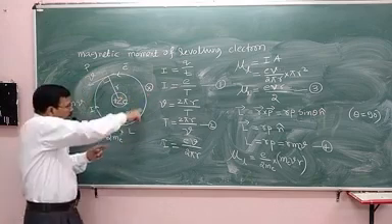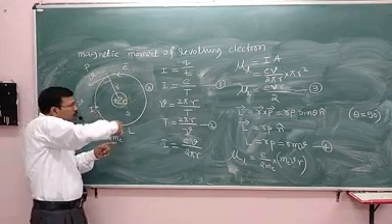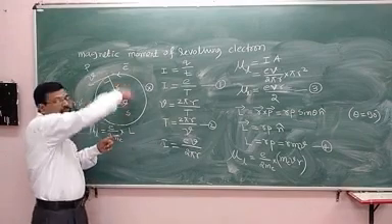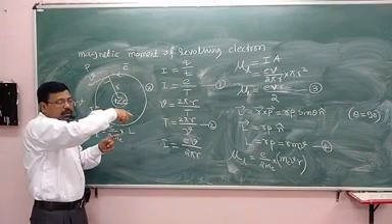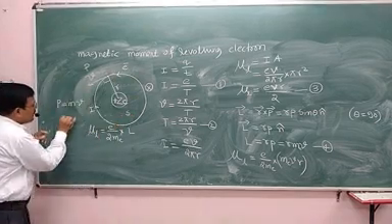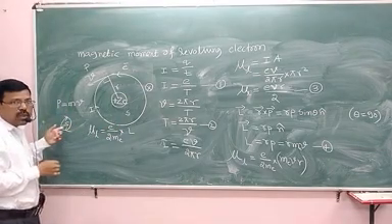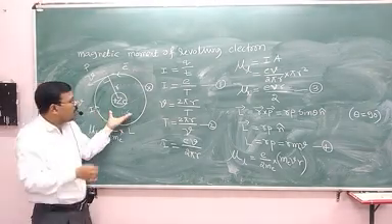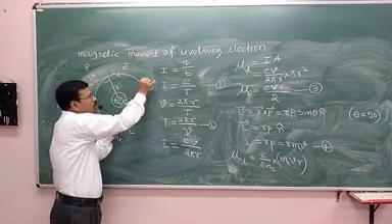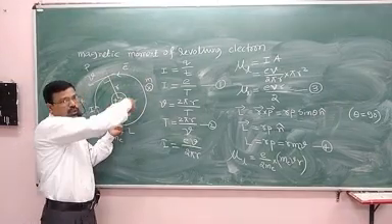I repeat, the direction of the electric current is clockwise because it is against the direction of motion. Current is always against the direction of electron. So current is clockwise, and whenever there is a clockwise current, the upper face acquires south polarity. So this is south. The direction of the magnetic moment is from south to north. Therefore, the cross mark indicates the direction of the magnetic moment is into the plane.